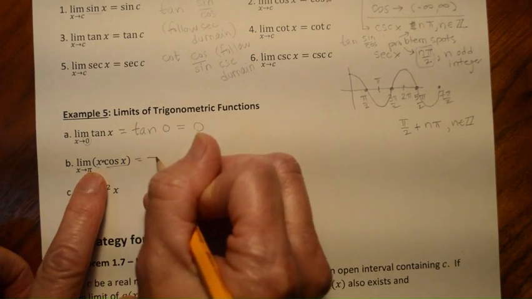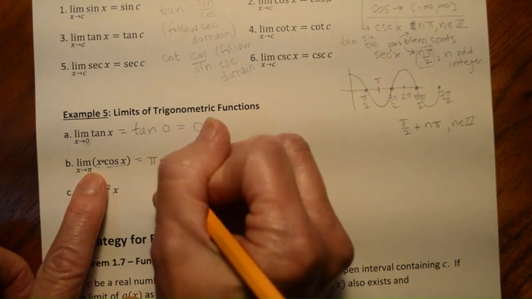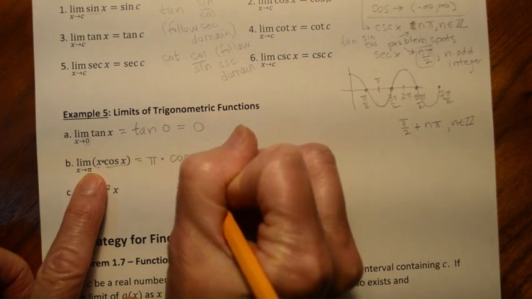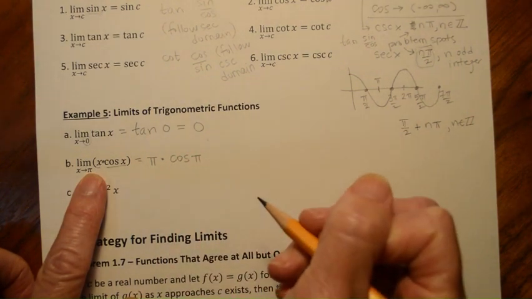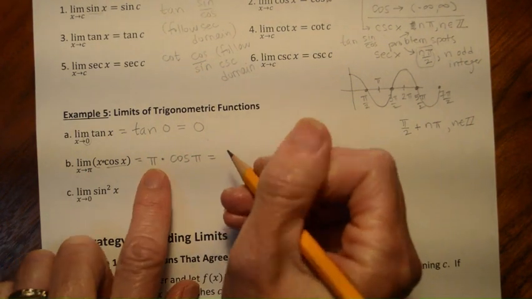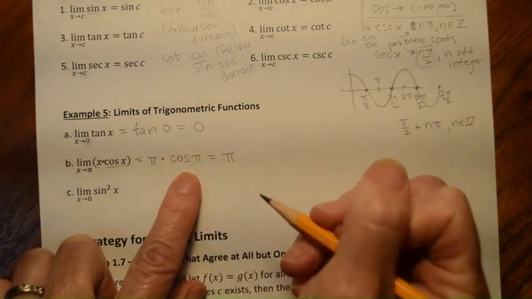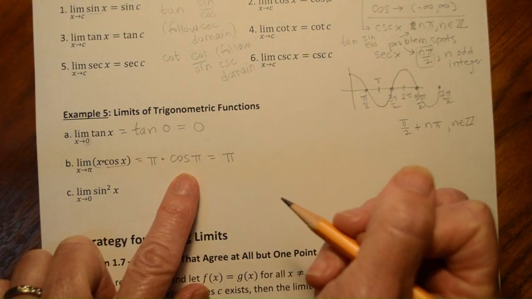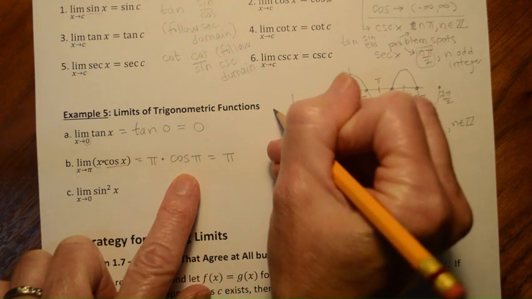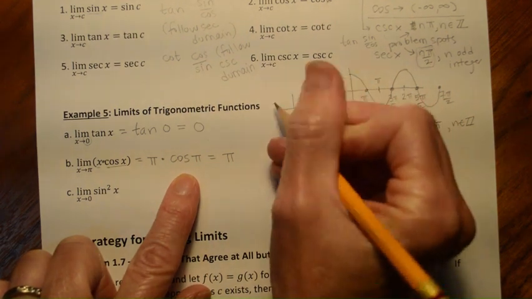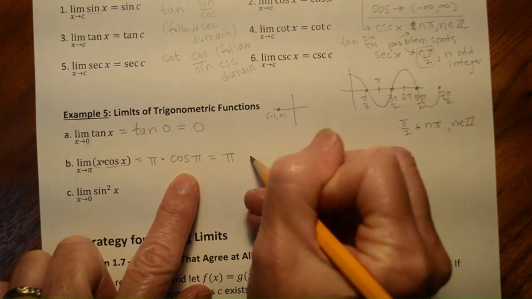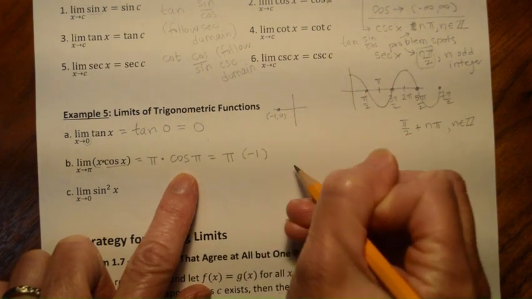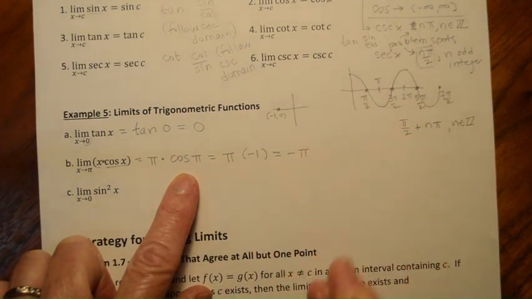So in this place, for x, we'll put in pi times cosine of pi. All right, so that pi is going to stay there. All right, so then cosine of pi. Hopefully you remember, since that is over here, and that coordinate is -1, 0, that this value is -1, and so we end up with negative pi.